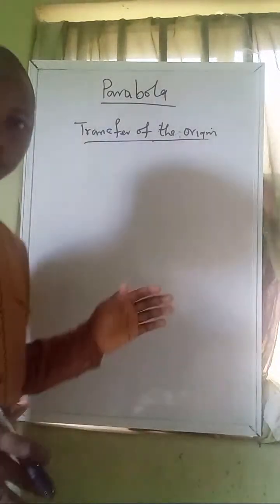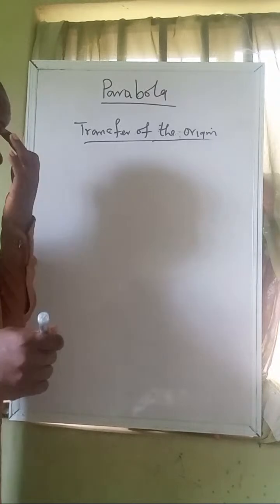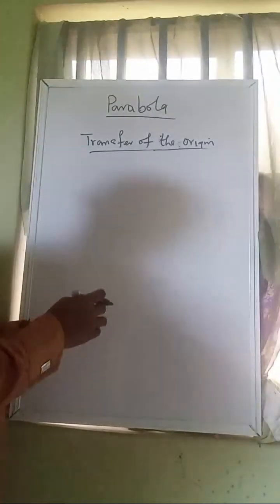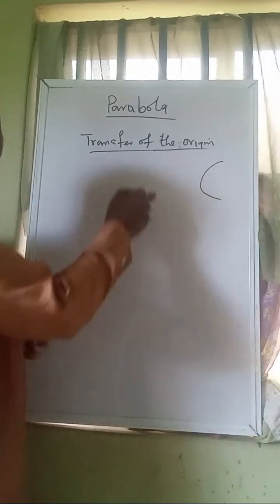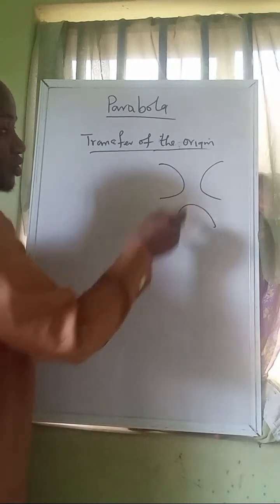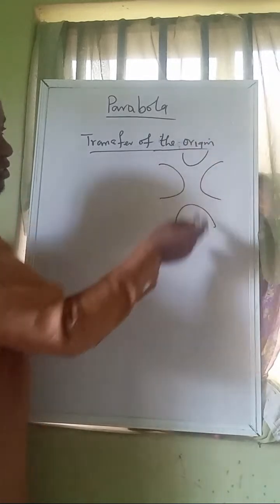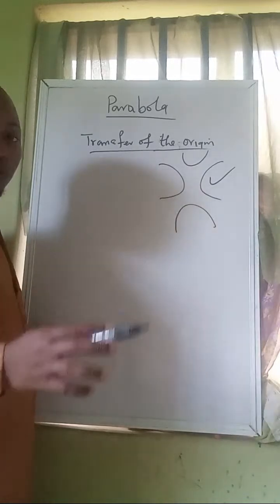So now let's see. We have said that the parabola we have formed for this can also be done for the other cases; we can also transfer the origin for these other cases. We have only done it for this one, so you can try your own case.